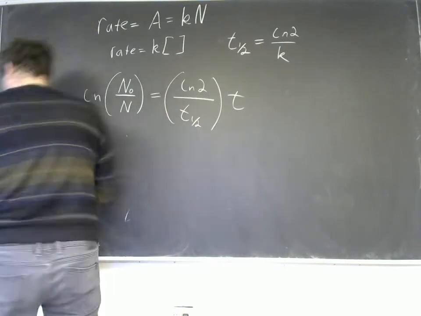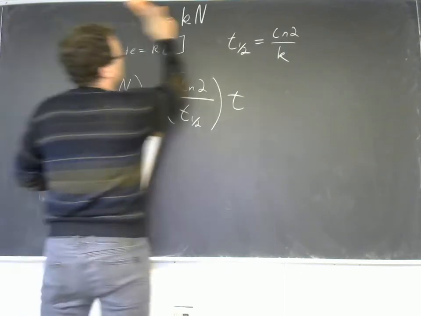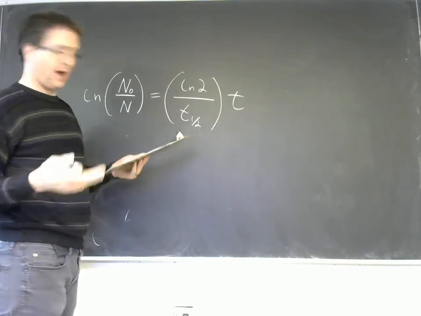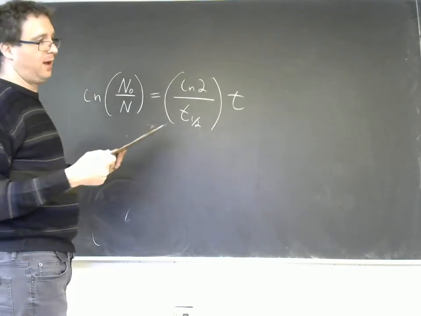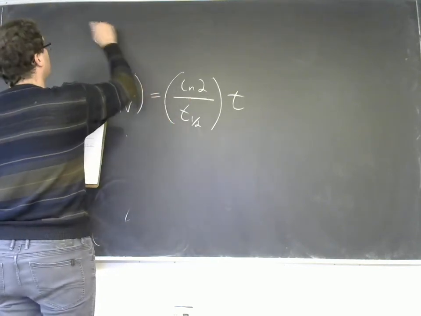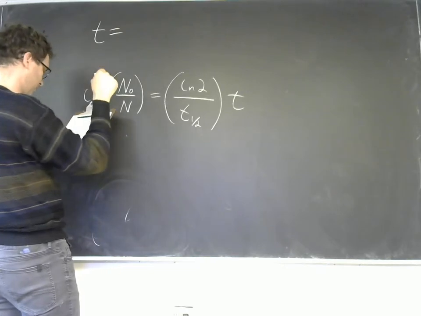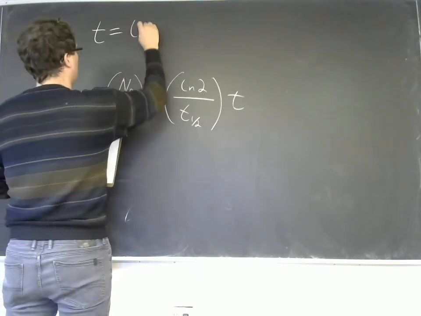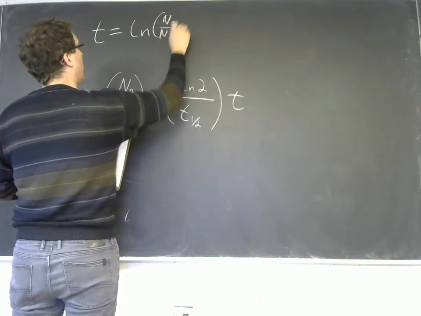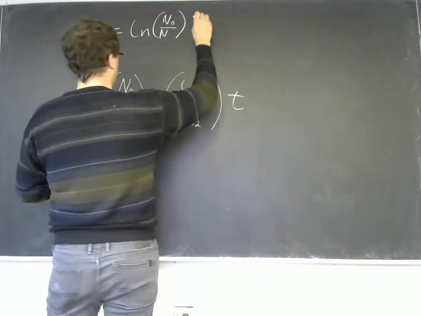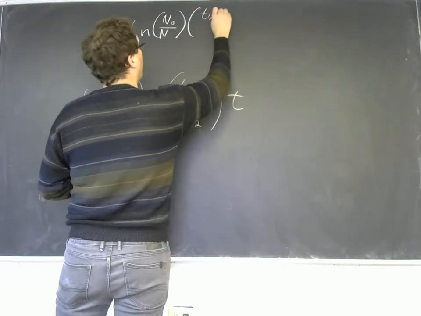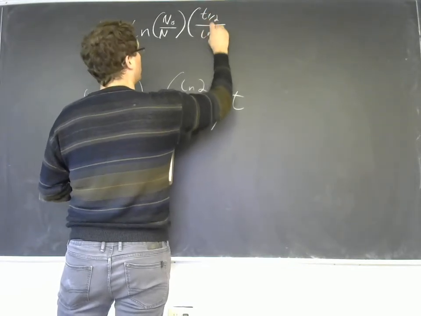If we want to figure out how much time is required to pass in order to reach a certain amount of radioactive material left over, we can just rearrange this to be t is going to be equal to natural log of N naught over N times the half-life over the natural log of 2.